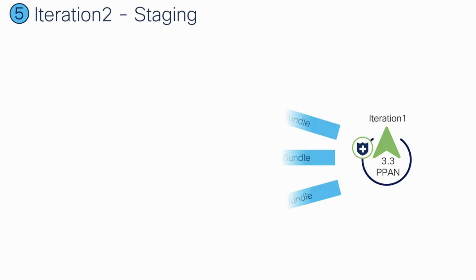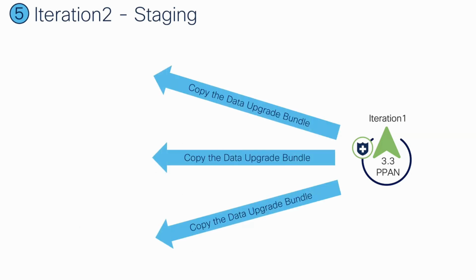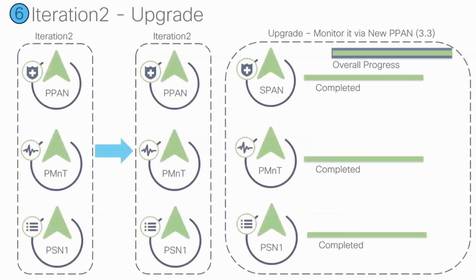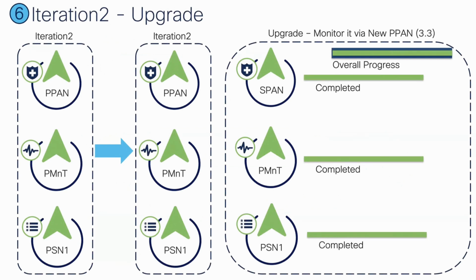We're going to pull the data upgrade bundle from that node, and it's going to get copied to the rest of the nodes in iteration two. Once it gets copied as part of your staging, we can go ahead and upgrade the deployment. While it is getting upgraded, you can monitor the upgrade progress from the new PPAN, which is 3.3. Because I've selected only two batches to upgrade my six-node deployment to 3.3, I've completed the upgrade method now.